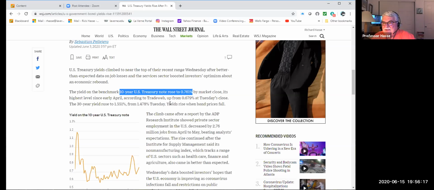If I give my money to the United States government, they will be giving me $7.61 a year for the next 10 years. That's the current yield, the current interest rate for the risk-free rate.